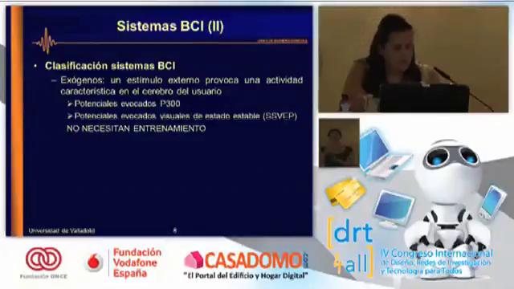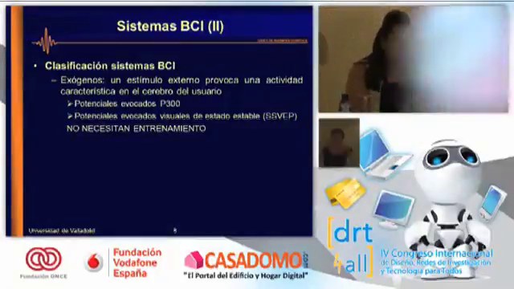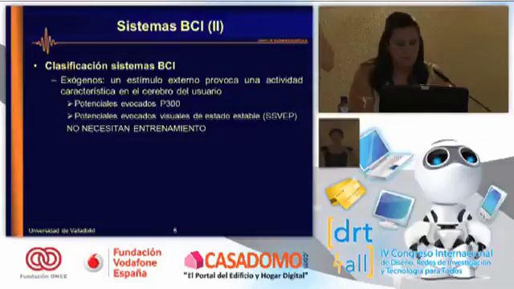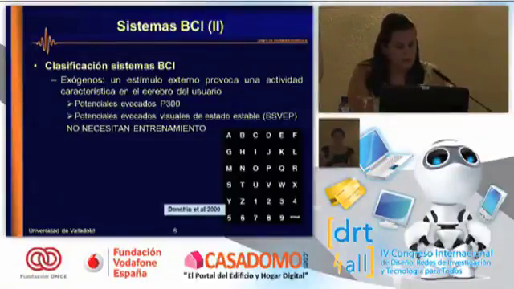The other BCI systems are the exogenous ones. This is the case, for example, of the P300 evoked potential, and so on. Now, the advantage here is that you generate stimuli, which leads to a response by the user.